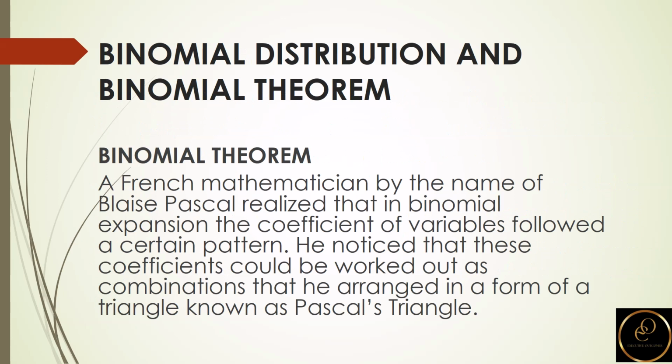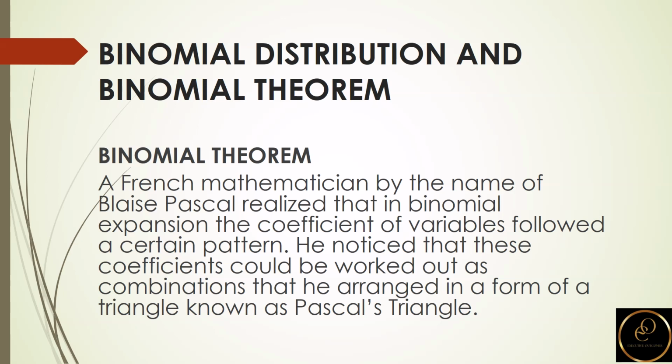Now we have binomial distribution and binomial theorem. So I want to relate binomial distribution to binomial theorem. Let's look at what binomial theorem is. There was a French mathematician some time back by the name of Blaise Pascal.